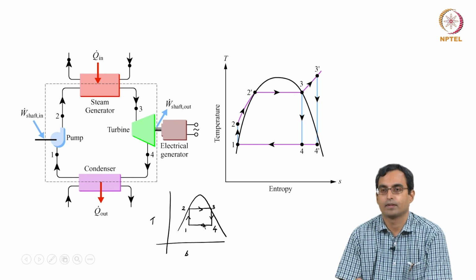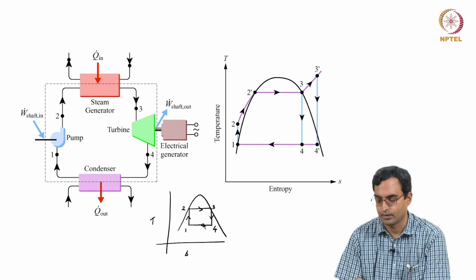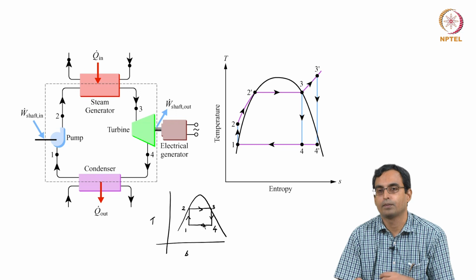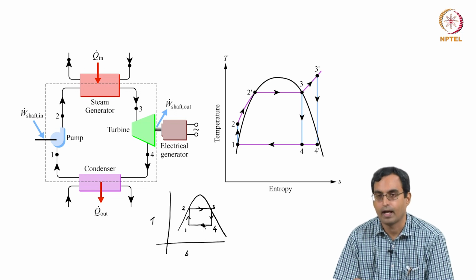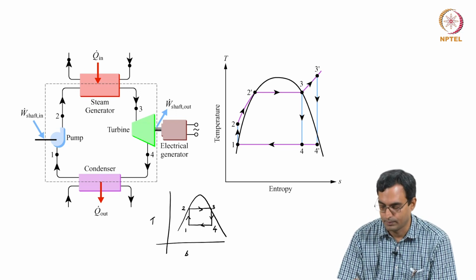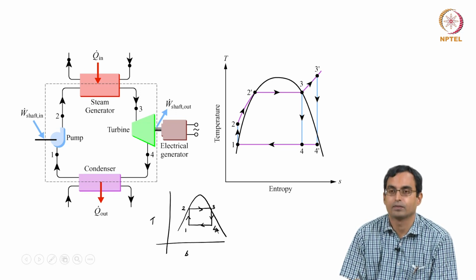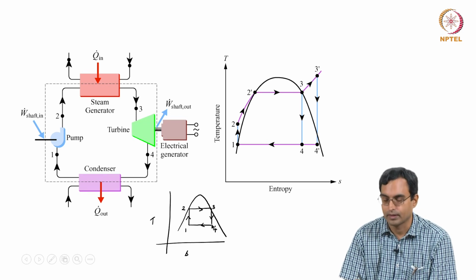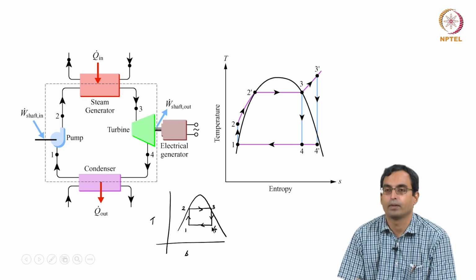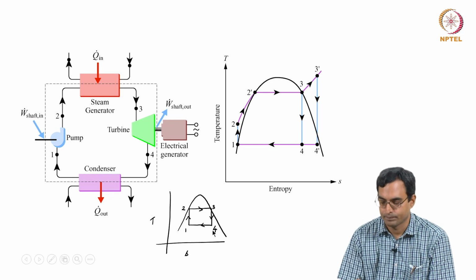If I have a turbine which is running at several tens of thousands of RPM, I will have these liquid droplets which will hit the blades and essentially damage the machine. So, what I would like to do is to make sure that at point 4, or essentially through this process, I do not have any liquid at all in the turbine.